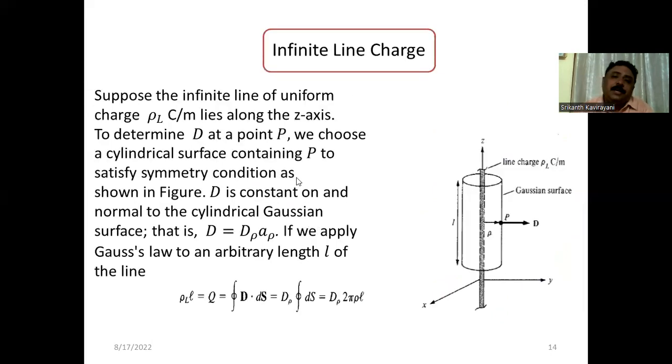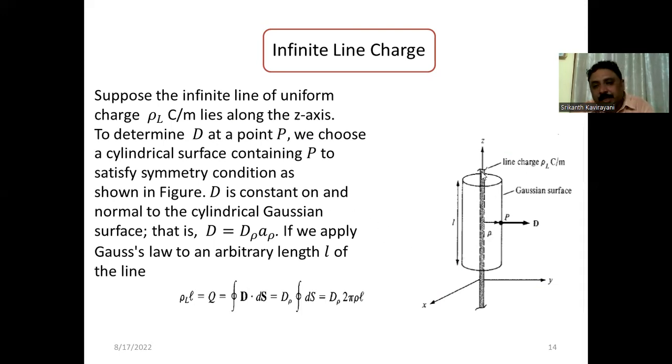Similarly, the electric field intensity of an infinite line charge can also be evaluated. Suppose the infinite line of uniform charge rho L coulomb per meter lies along the z-axis, and we are trying to determine D at a point P. We choose a cylindrical surface containing P to satisfy symmetry conditions, as shown in the figure.